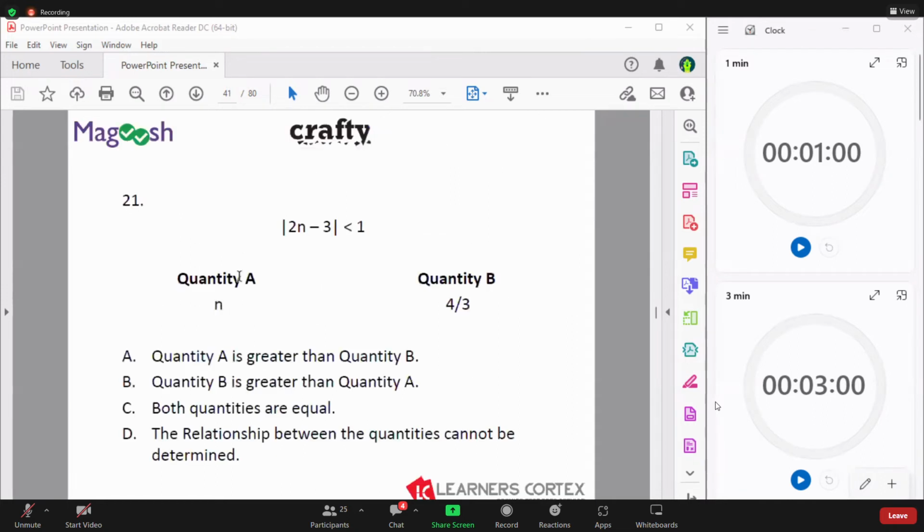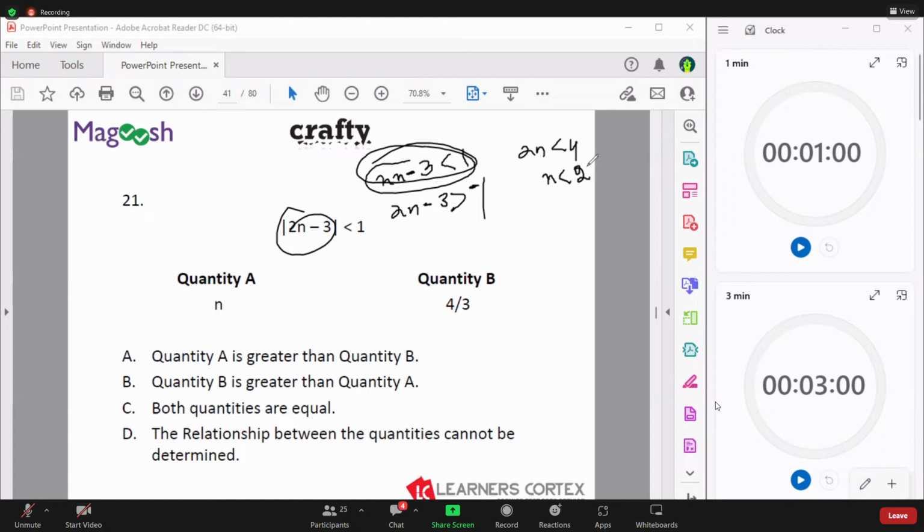So when any equation or inequation is given with mod, remember that this can be 2n minus 3 less than 1, and then there is a possibility of 2n minus 3 being greater than minus 1, sorry, because the negative value is also possible. So 2n is less than 4 or n is less than 2.